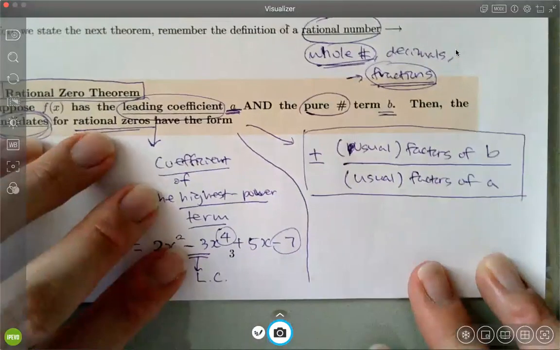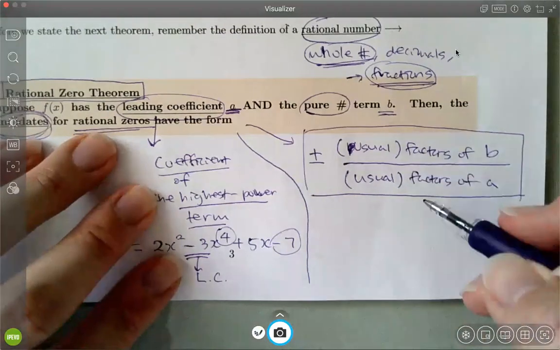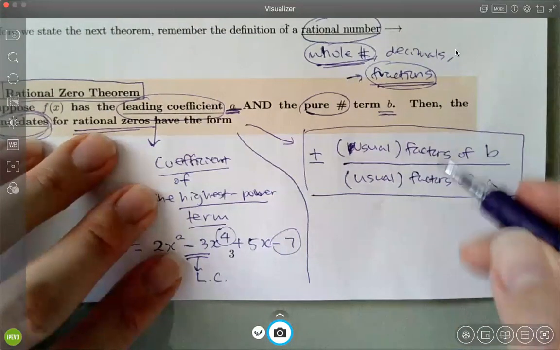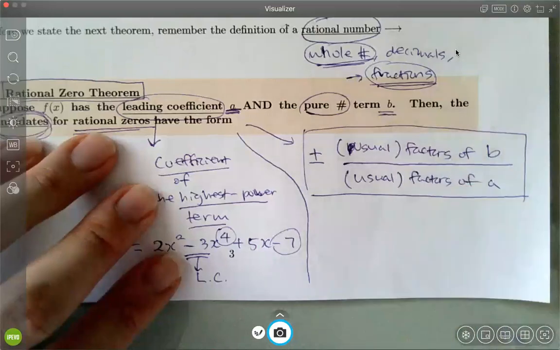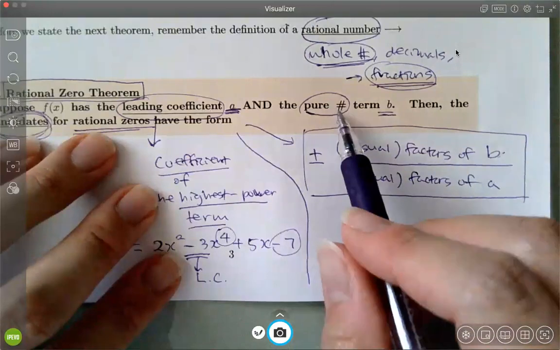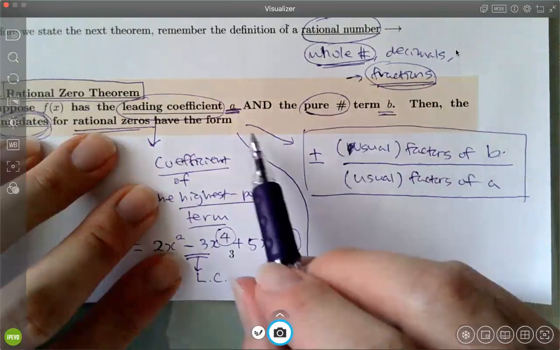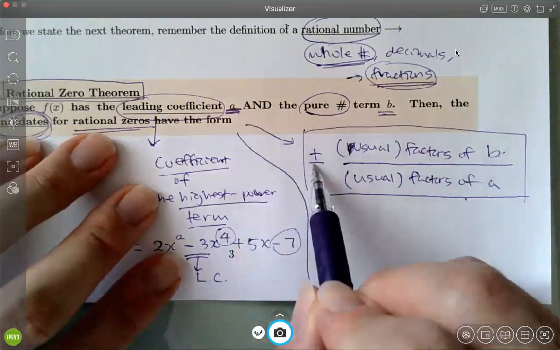So it's not the x minus k kind of factor. These usual factors mean the definition of the factor that you already know. So it's the usual factors of the number term b divided by the usual factors of the leading coefficient a, and then you put a plus minus sign in front of this fraction.